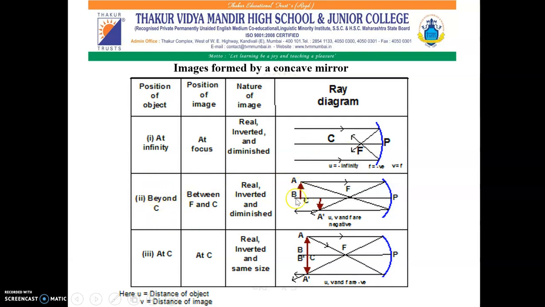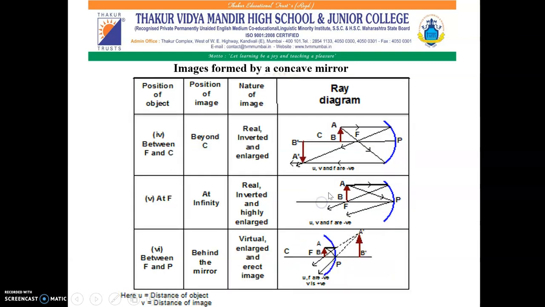If the object is beyond C, then the image that is formed is between C and F and it is real, inverted and diminished. If the object is located at the center of curvature, then the image is also at the center of curvature. It is real, inverted and of the same size as that of the object.